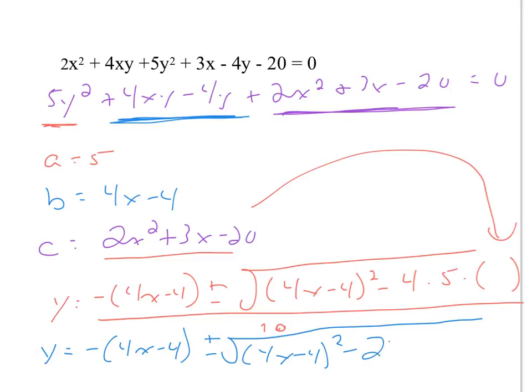Minus, the only thing I'm going to do is just multiply the 4 and the 5, 20 times 2x squared plus 3x minus 20, close my parentheses, and all that is over 10, and I don't have room to write that, but there is your equation. Go ahead and punch it into your calc. Punch it into your calc.